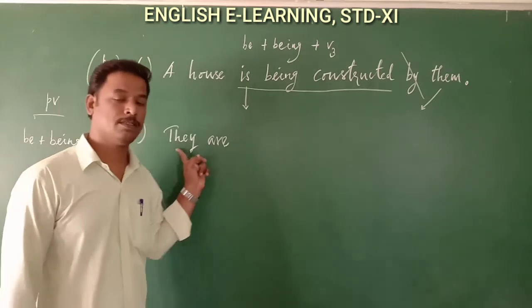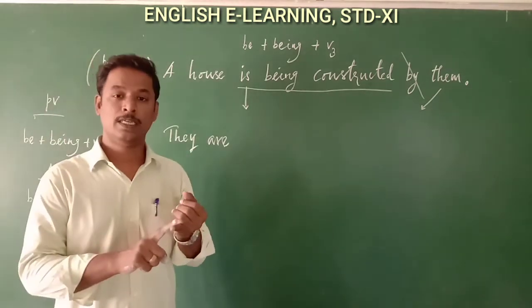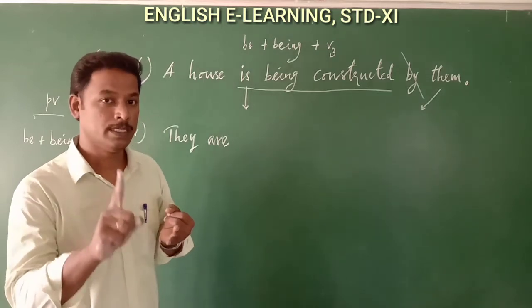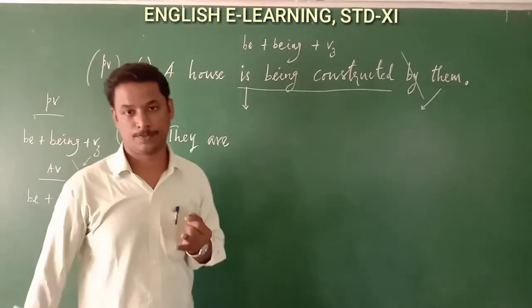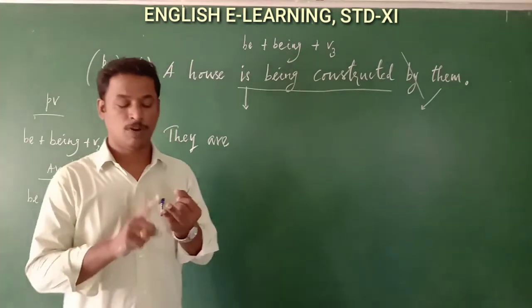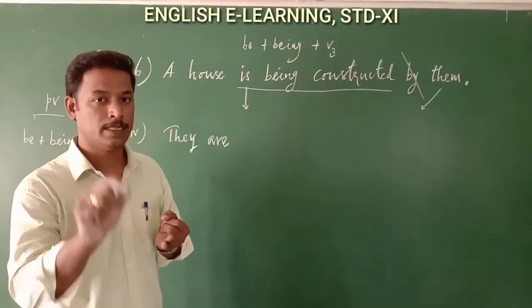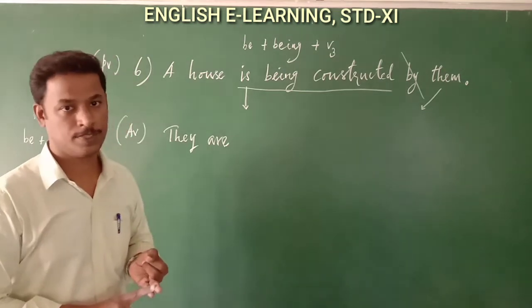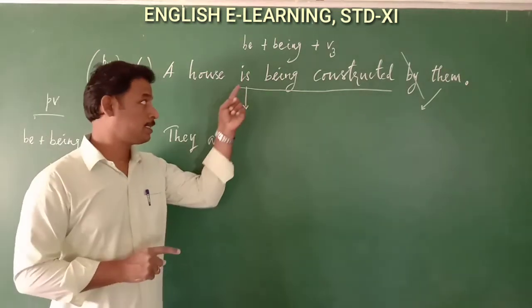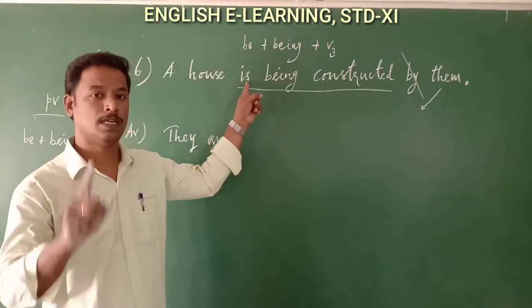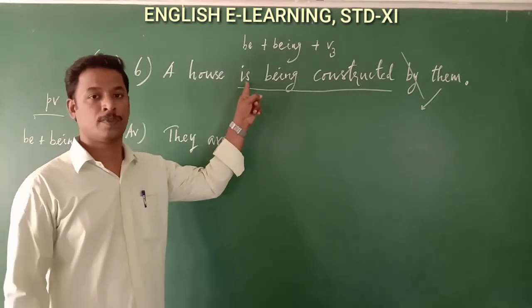Already we have discussed that is and are are in the simple present. Was and were, these two auxiliaries are in past tense. Right. So is is the present singular auxiliary.